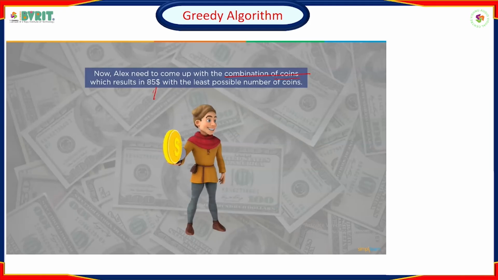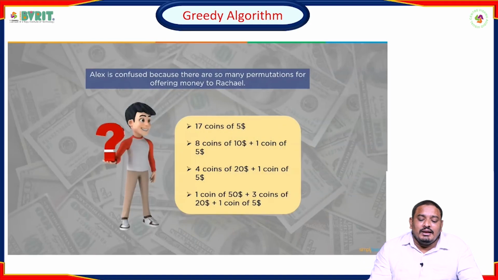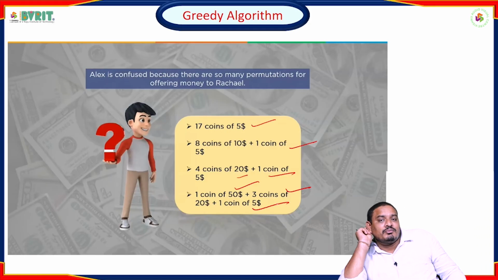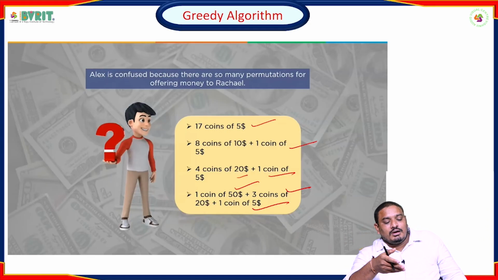Alex is confused because there are so many permutations, such as 17 coins of $5, or 8 coins of $10 plus 1 coin of $5, or 4 coins of $20 plus 1 coin of $5, or 1 coin of $50, 1 coin of $20, and so on.